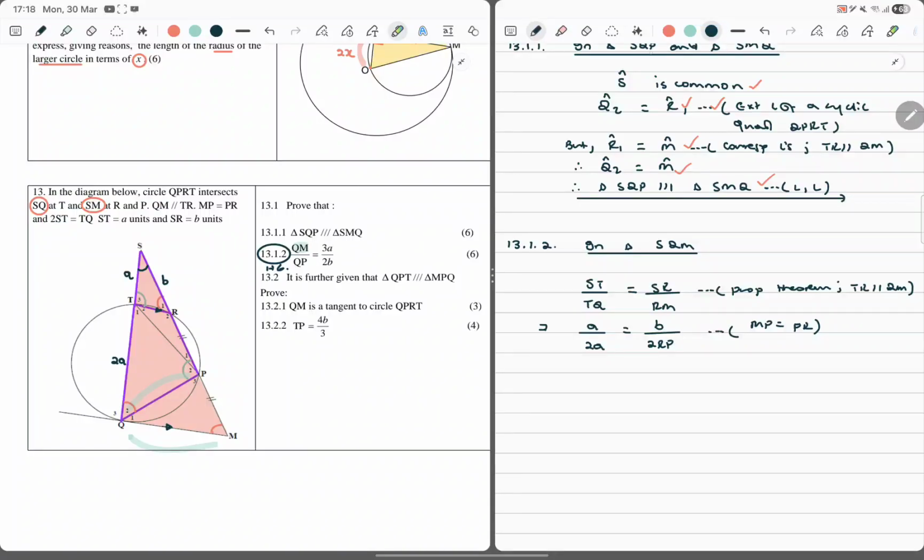Okay. Now we know that A, we'll take A, and we can cross multiply and solve problems. All we want is to isolate RP.